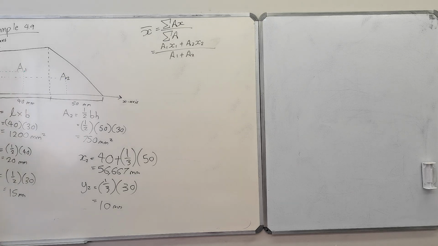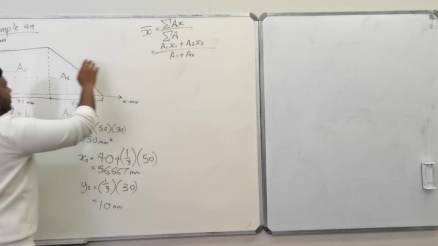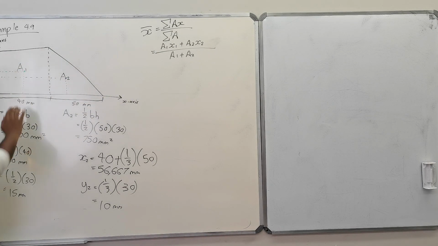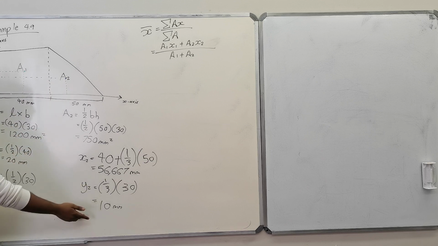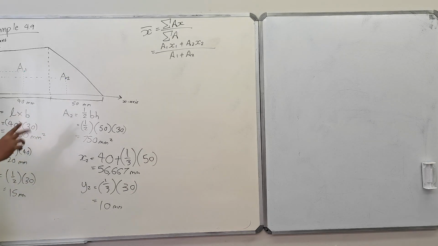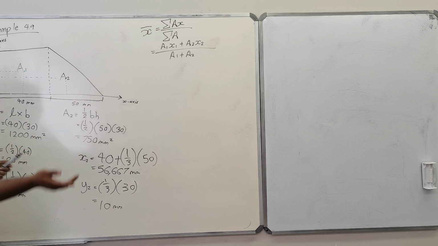What are we trying to get now? The center point of this entire shape. The green and purple lines are me showing you what these two things actually mean. So we need to know those two center points to calculate the center point of the entire shape. And that's our goal.